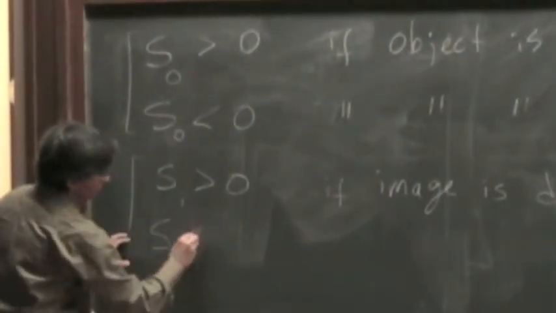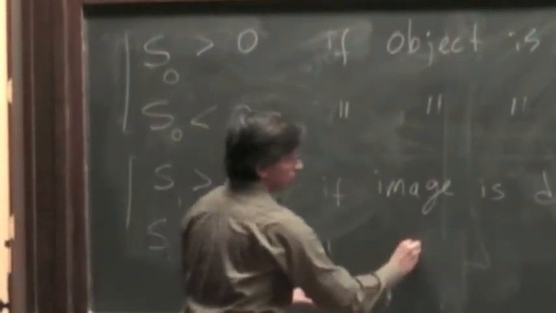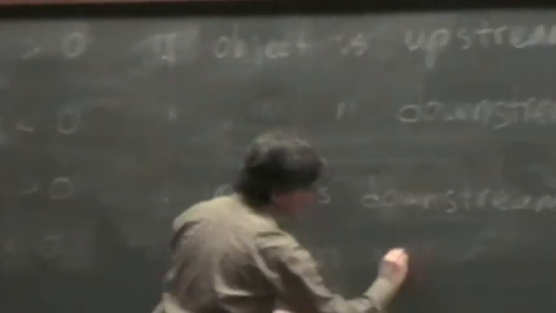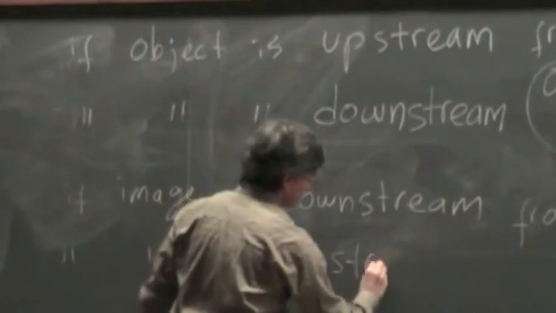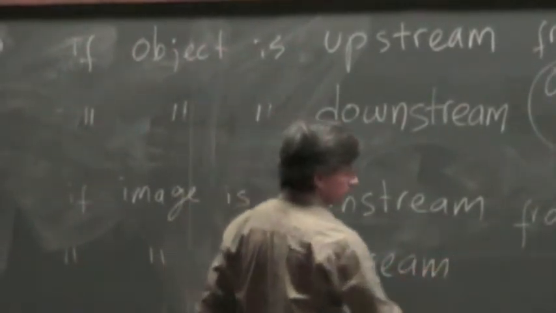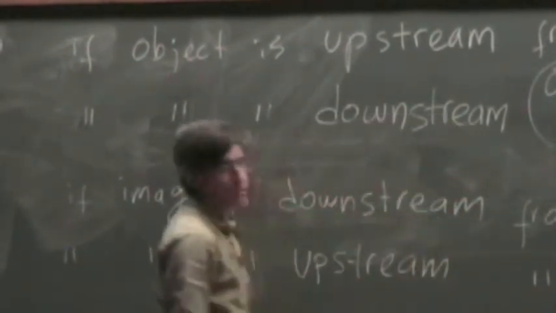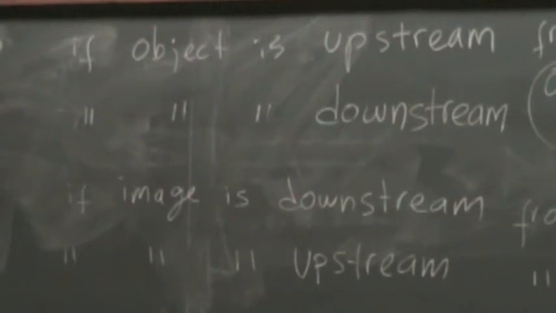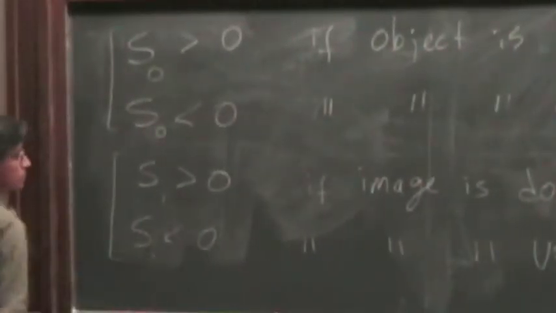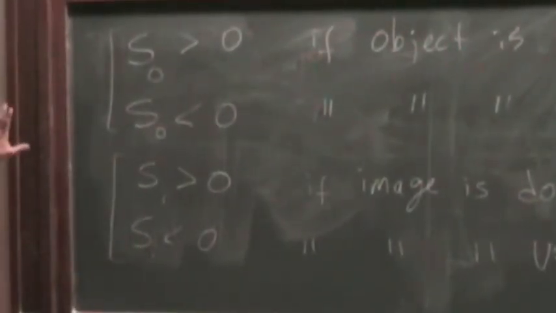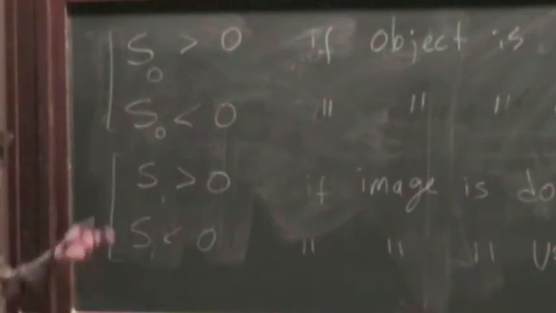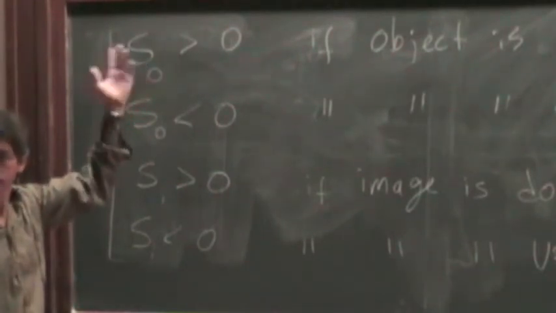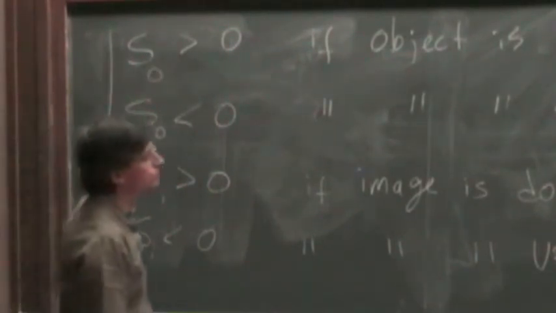And it is negative when the image is upstream from the optical element. So you need to remember that convention for how to handle the signs for the quantities that you find in the thin lens equation. If you get one of those signs wrong, then of course the answer will be wrong.